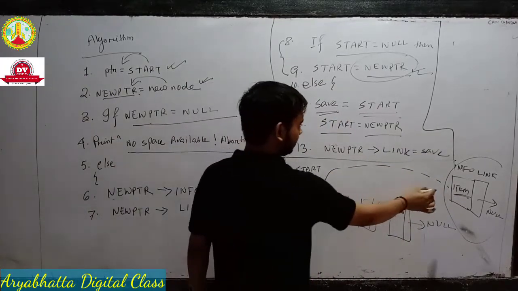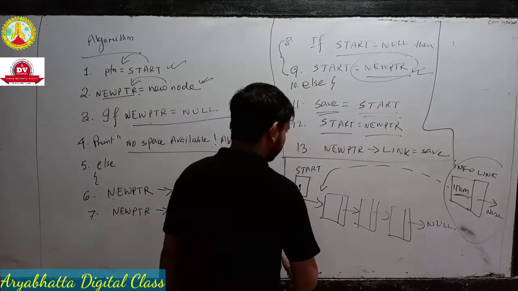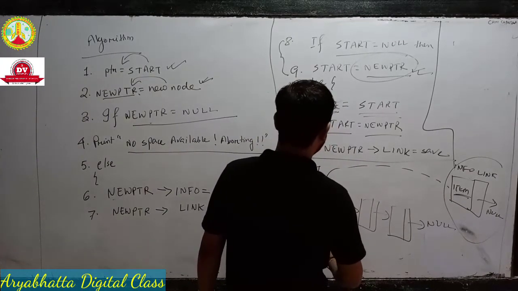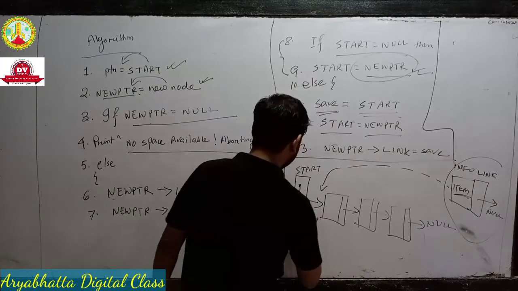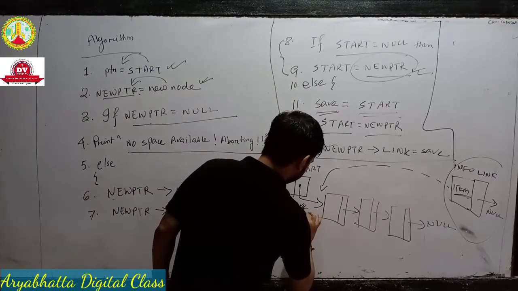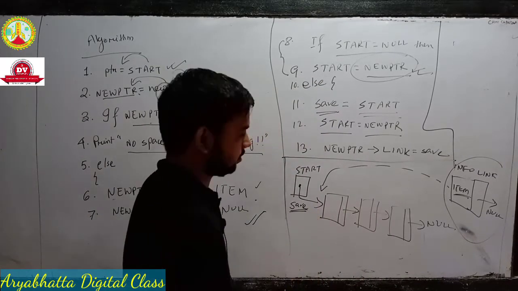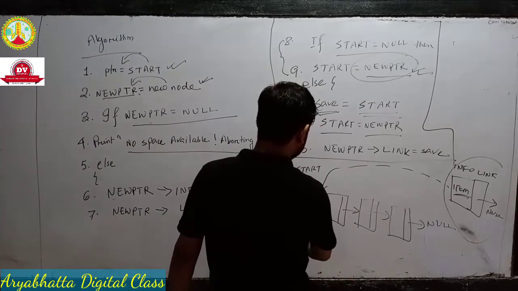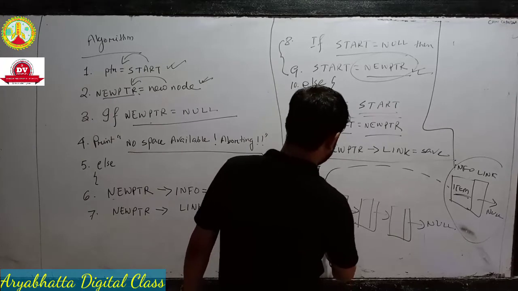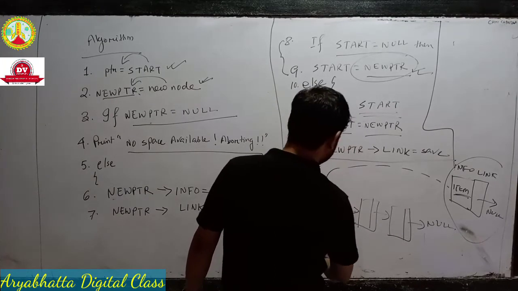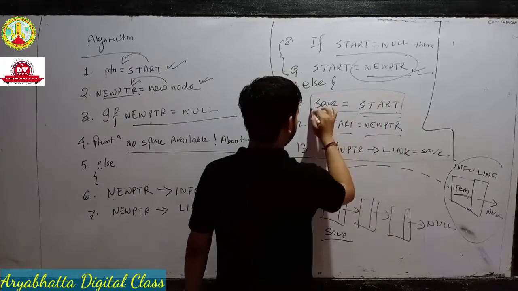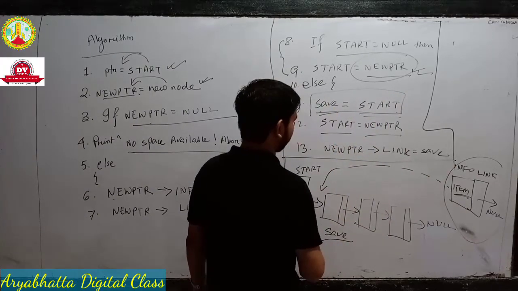Suppose this is start, and first of all we assume a save. This first node we take as save, so save will be start, because start is pointing to this node.